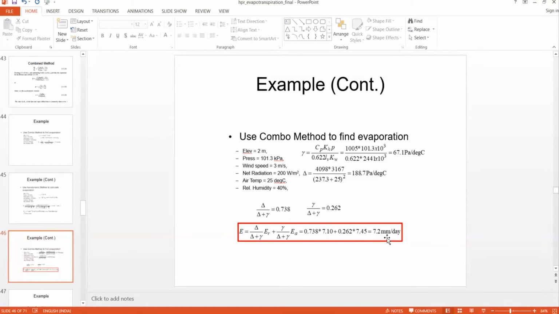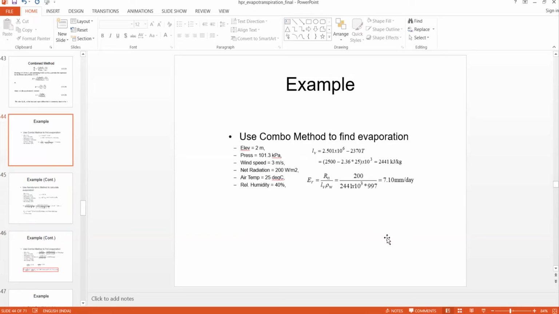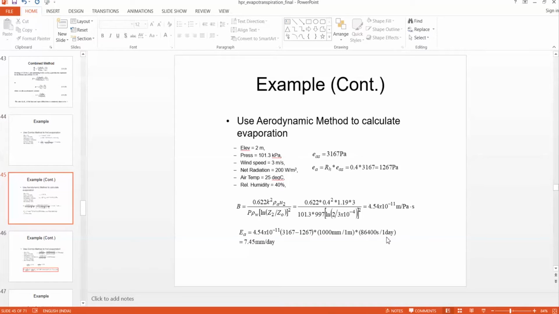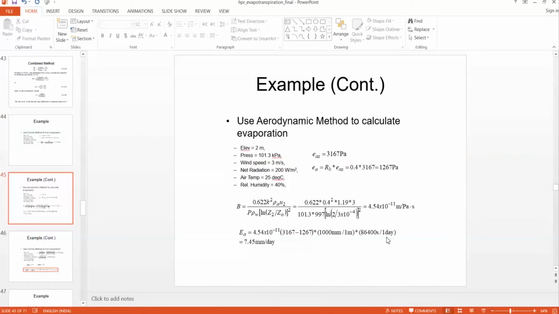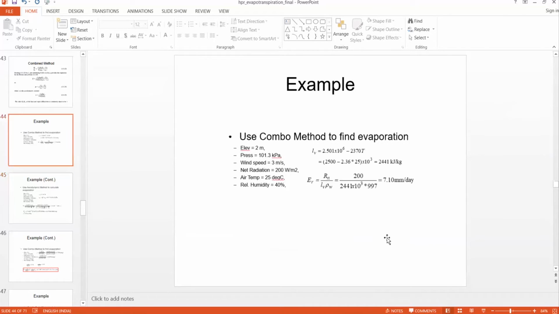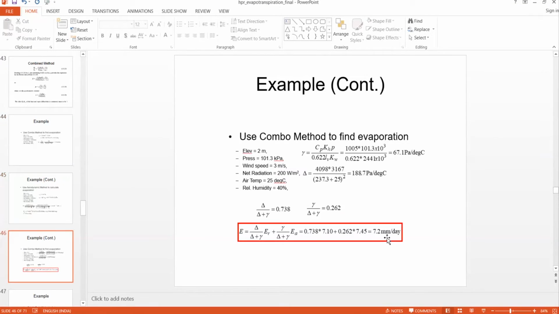You can see that using the energy balance method it is 7.10, using the aerodynamic method it is 7.45. So the aerodynamic method gives higher evaporation, the energy balance method gives lower evaporation, and the combined method has given an intermediate value of 7.22 mm per day. So the combo method is more accurate out of these three methods.